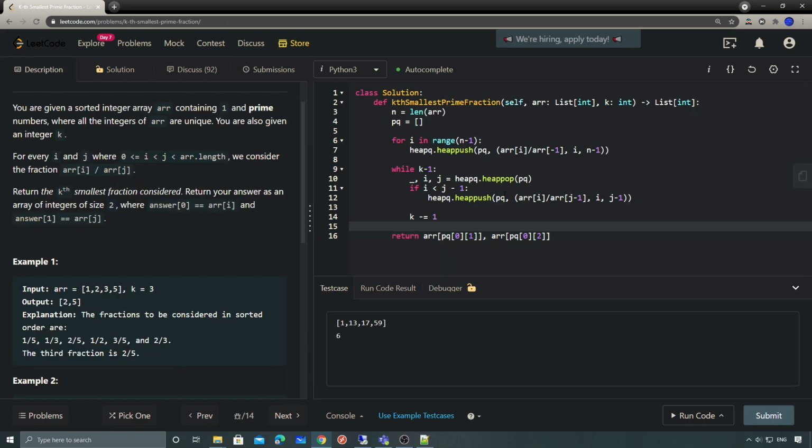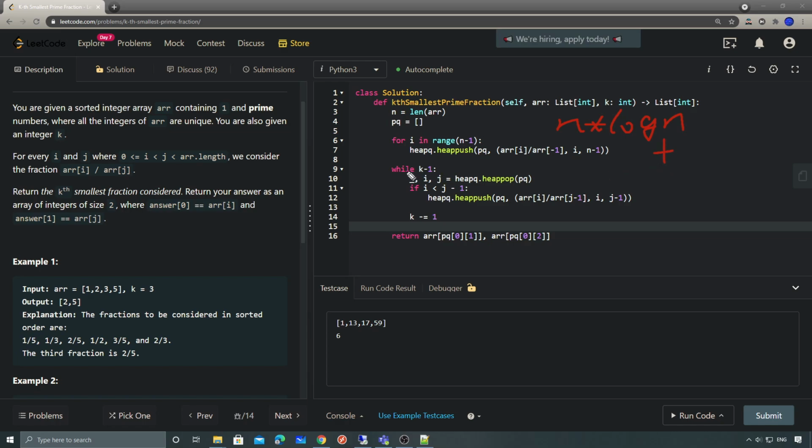So how about the time complexity for this one? For the for loop here, we have n log n, because we loop n times and do a push into the priority queue, which is log n. That's why we have n log n. How about the second one?